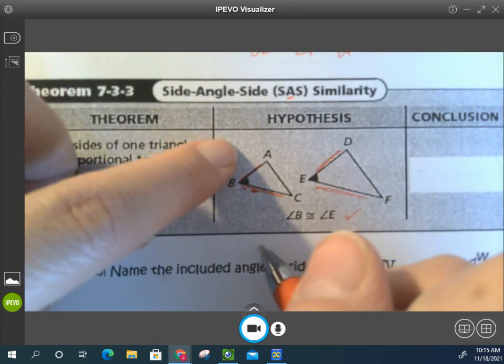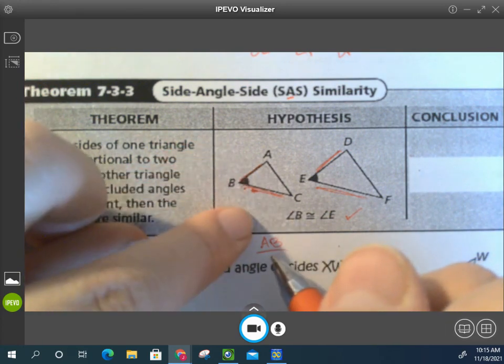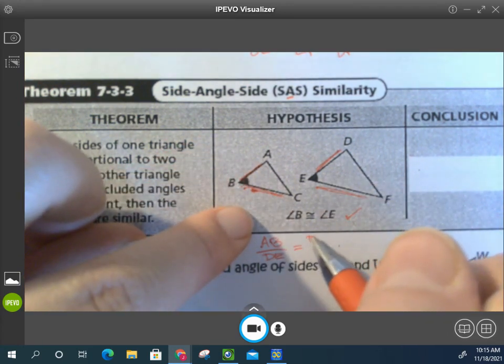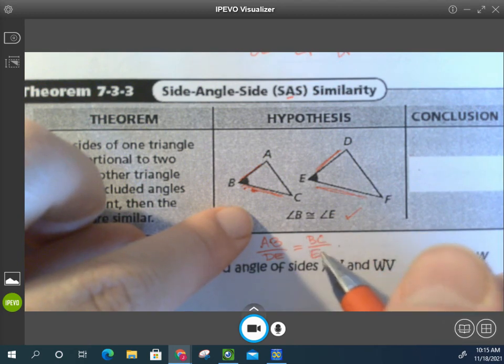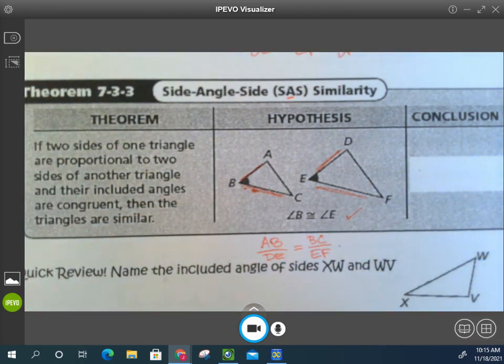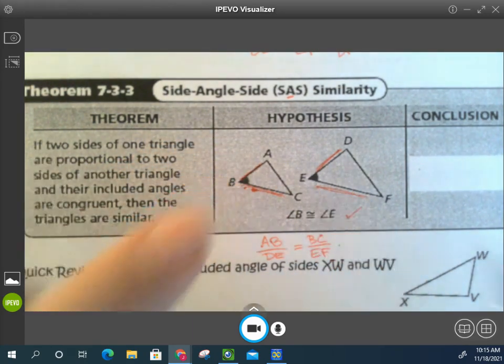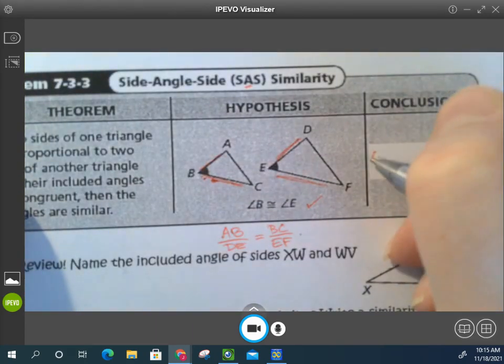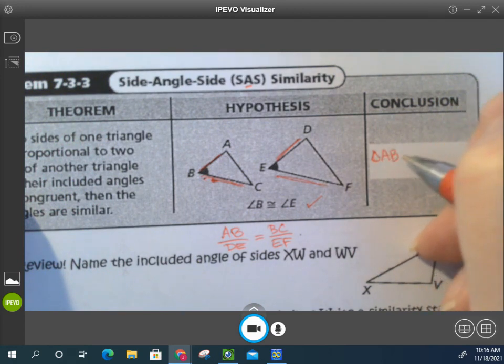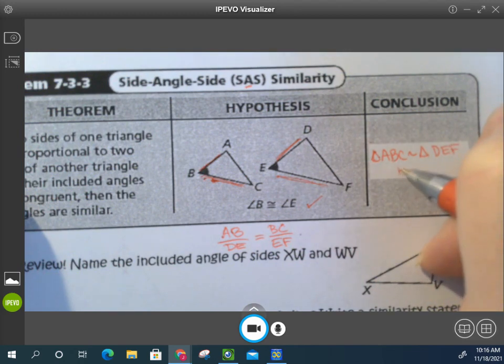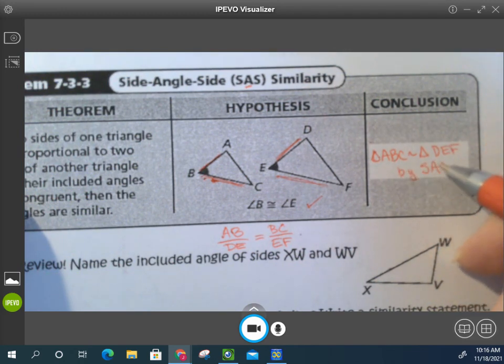And then the other check would be the proportion. AB over DE would have to equal BC over EF. So I would just need to be able to prove these two are proportional, and that's included. So then we have that same triangle similarity statement. Triangle ABC is similar to triangle DEF, and that is by side, angle, side.